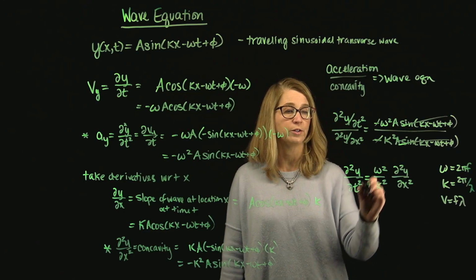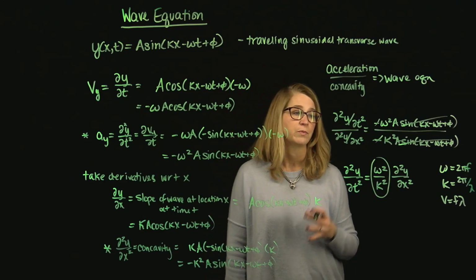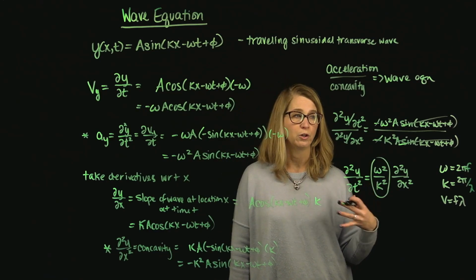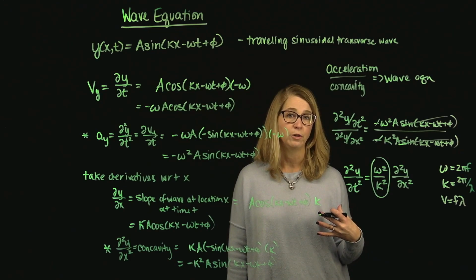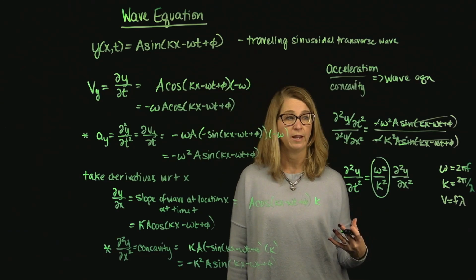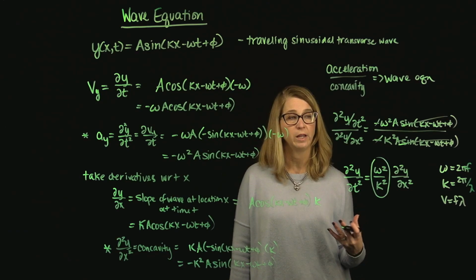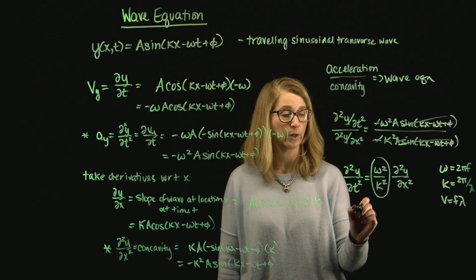What I want to call your attention to is this ratio, because we know the velocity is equal to the frequency times the wavelength, so omega squared over k squared is equal to v squared.